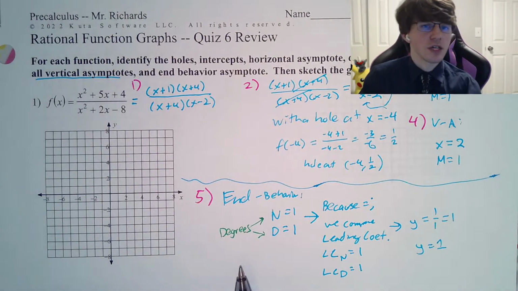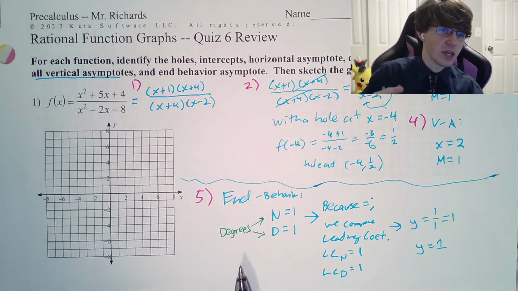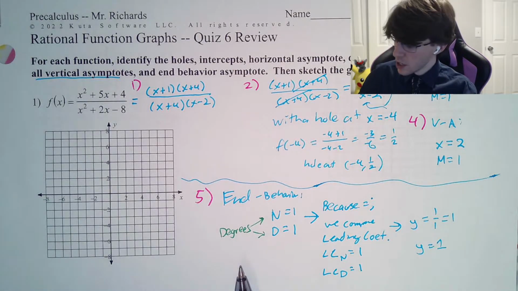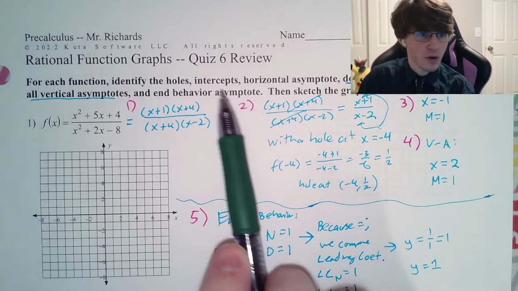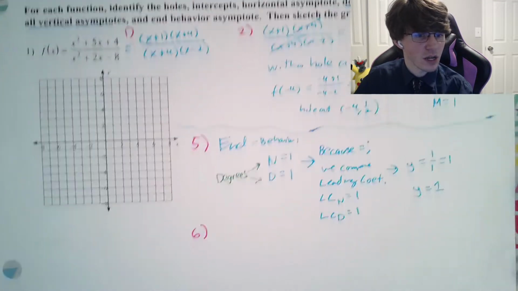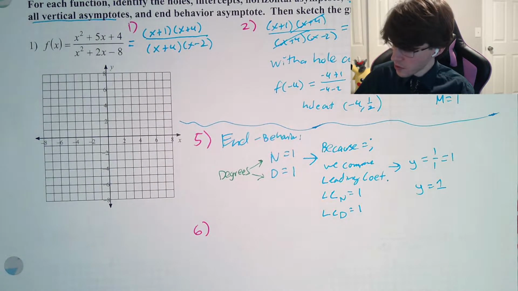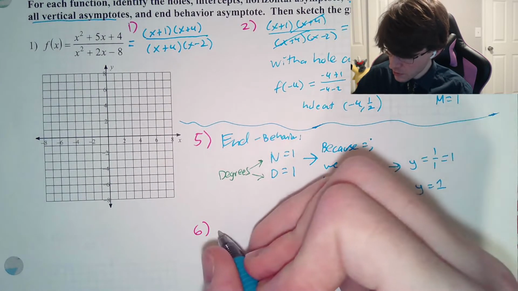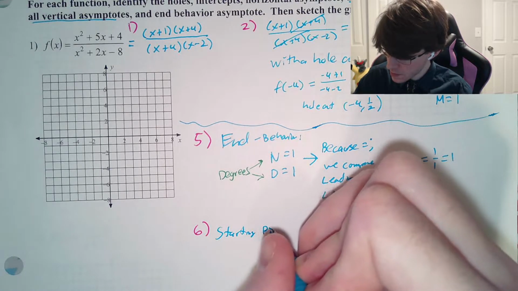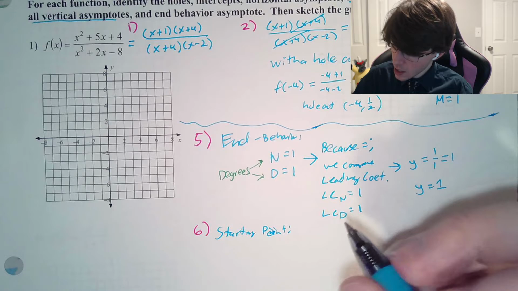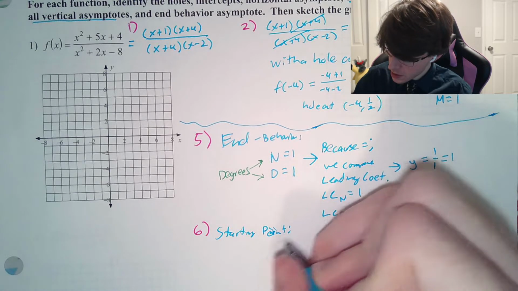We now need to figure out a starting point. A starting point can be any value that you feel like. I always recommend doing the intercepts because that's even part of the definition up here that they wanted anyways. So for this one, we're simply going to plug in 0 for our starting point.